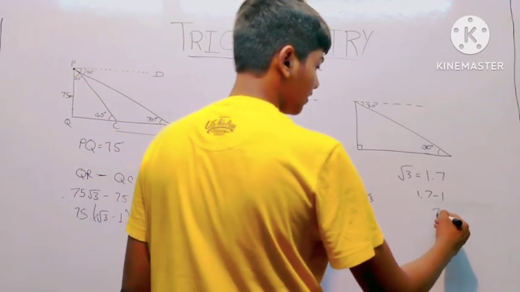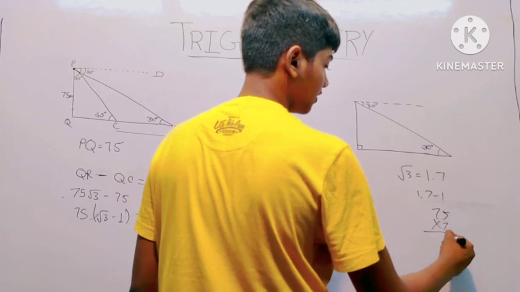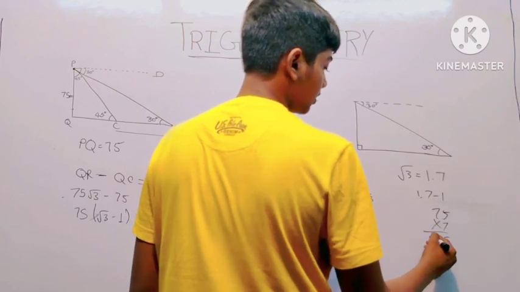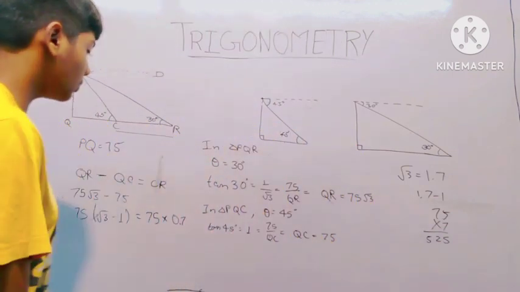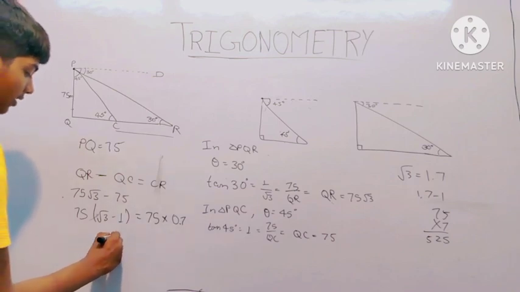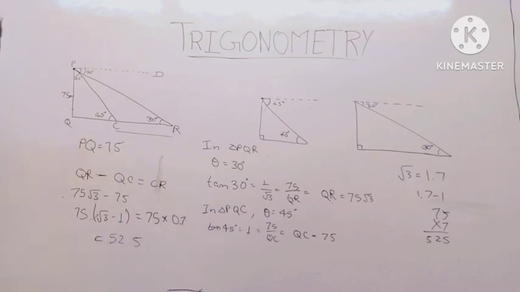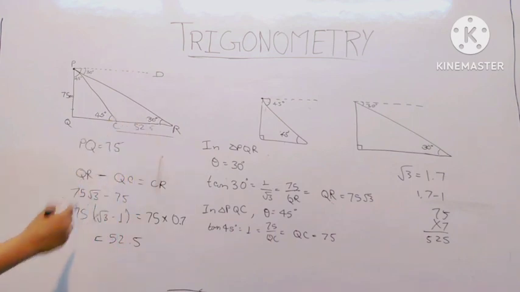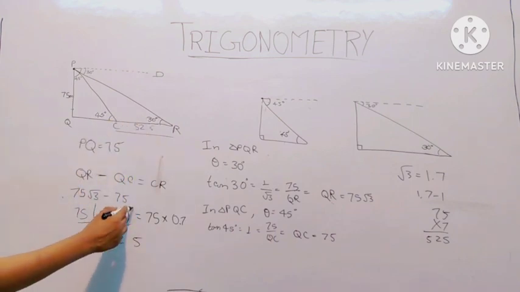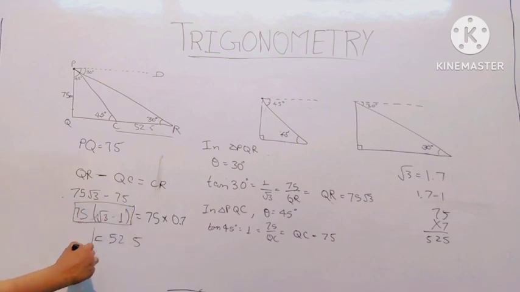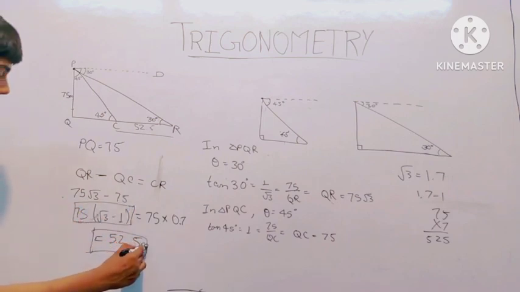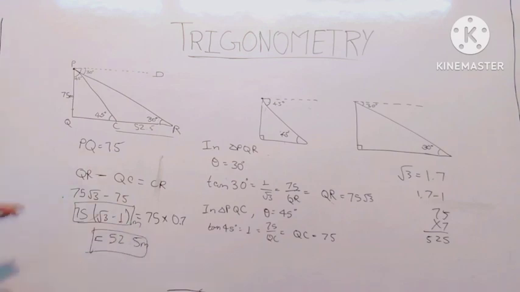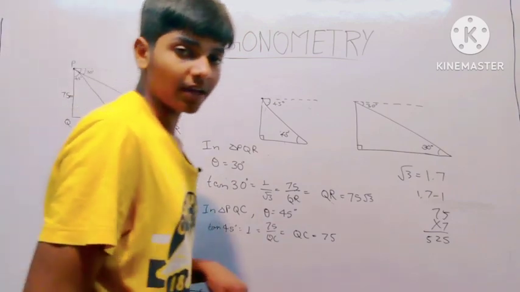So we have 75 into 0.7, which gives 52.5. So this side is 52.5. The distance between the ships is 52.5 or 75 into root 3 minus 1. Either of these can be your answer. Both of these are correct, and both are in meters. Okay, so this is how you can solve questions of angle of depression.